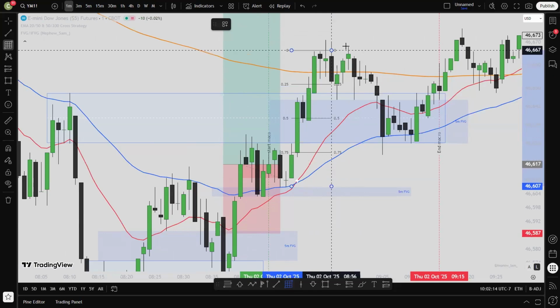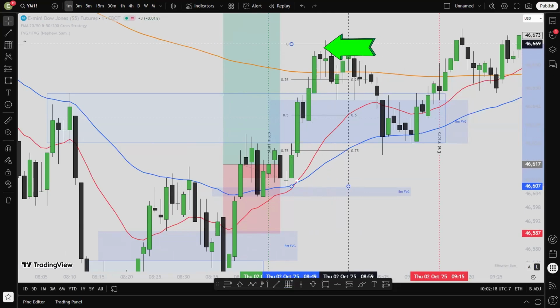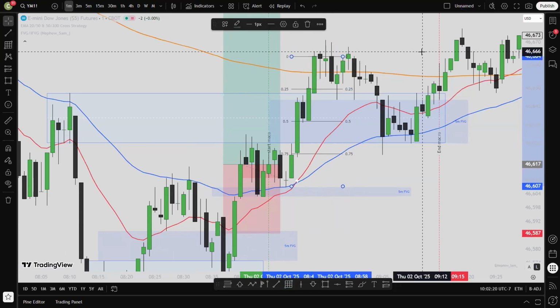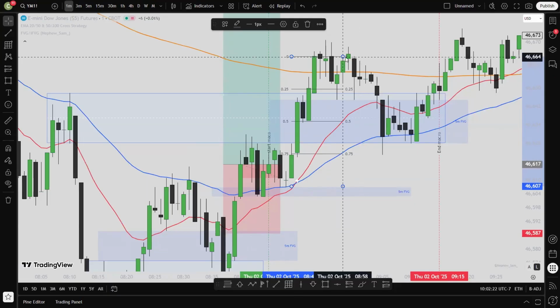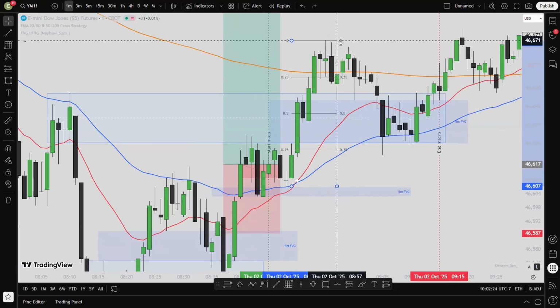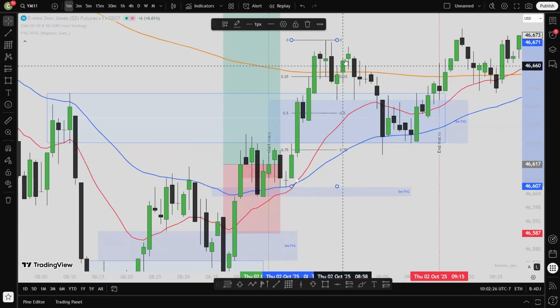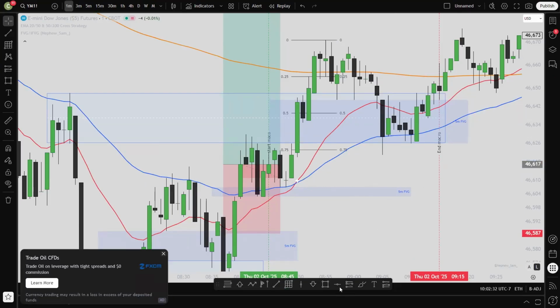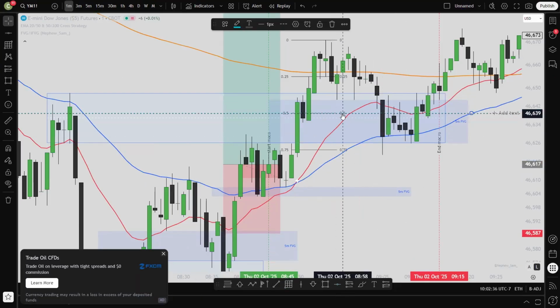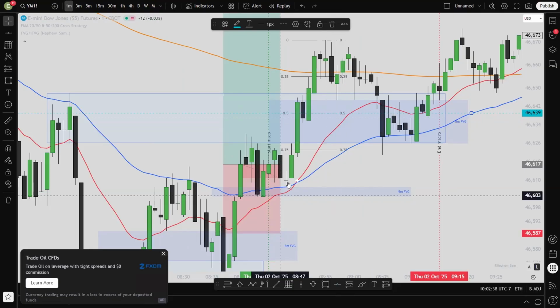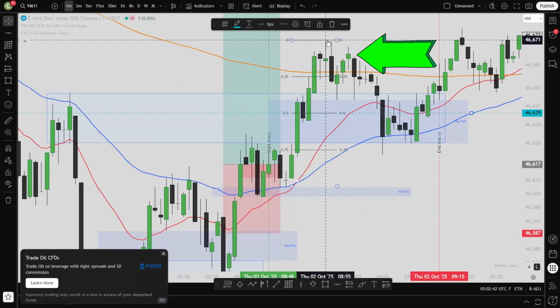You move your GAN box to the high. You don't know that's the high when you're trading, so you can just leave the GAN box in, and you just adjust it to the high, and then see it comes down here. And what you're looking for is another buy below the 50% mark, which is right here, of this run right here, this low here to that high up here.